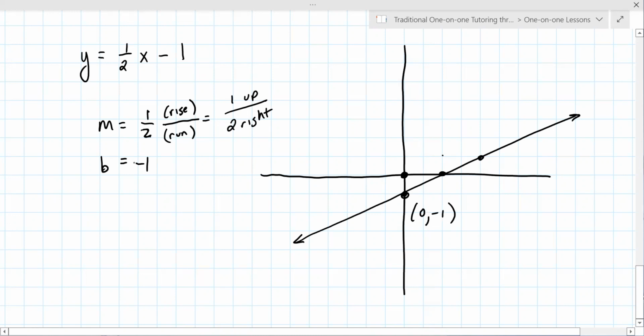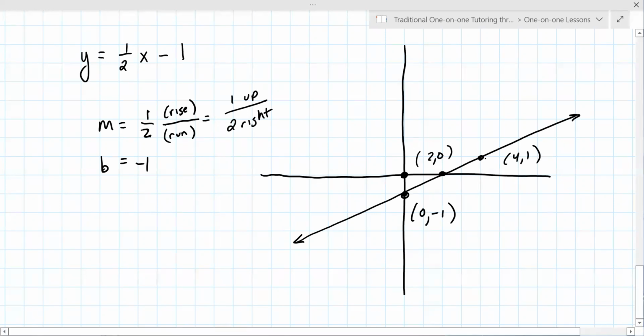It's the b value. And then this next point is (2, 0). But again, you want to just put the points down on the graph.